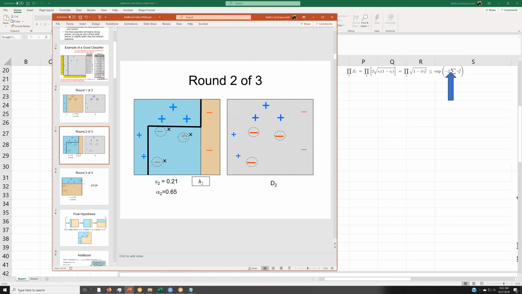Good? Everybody is good? These 3 things will be targeted to be found correctly by this H2, because this got more weights than this. These are looking like big monsters. These are puny, tiny monsters. Okay. Everybody is good on that?